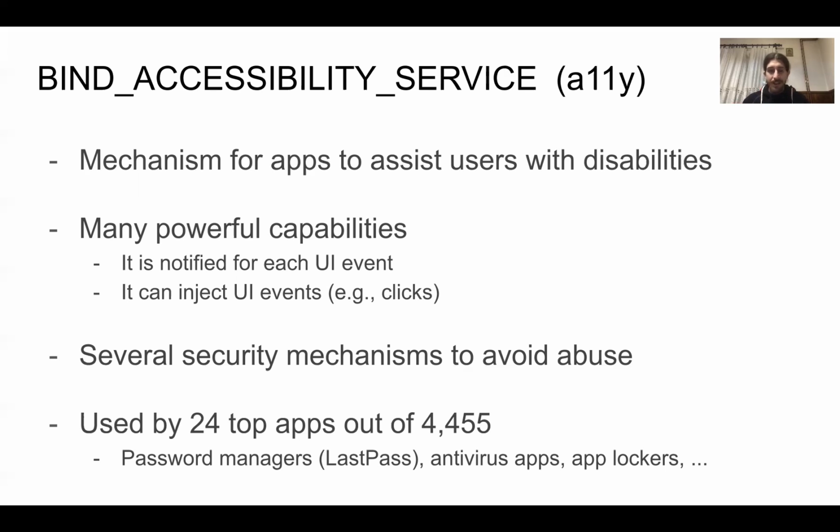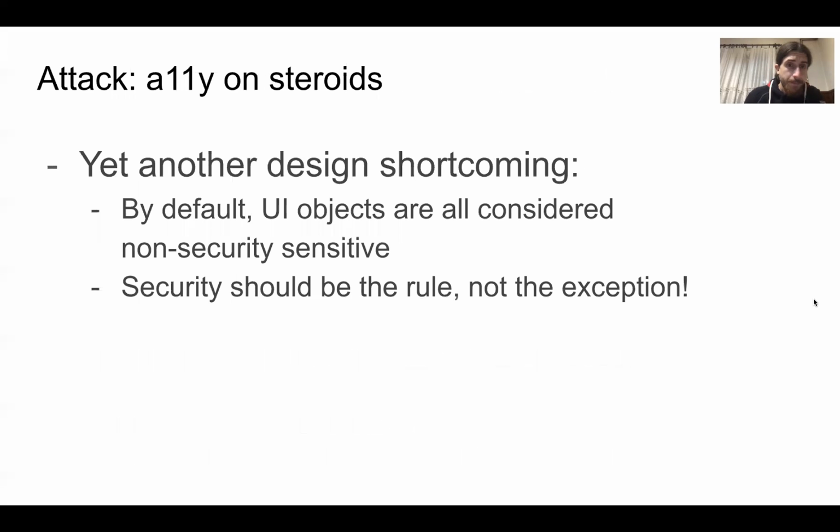So they were using this permission as a trick to do weird stuff, like automatically filling passwords, or blocking a malicious application, or blocking some apps if you have installed an app locker, and things like this, okay? So that was quite interesting.